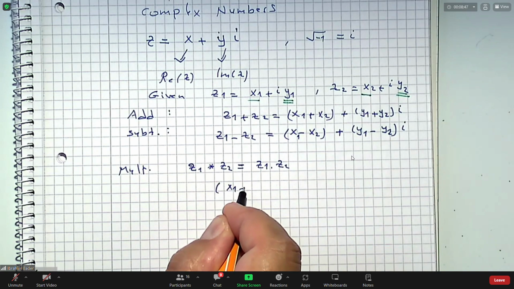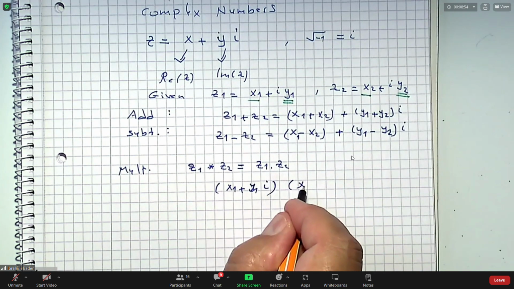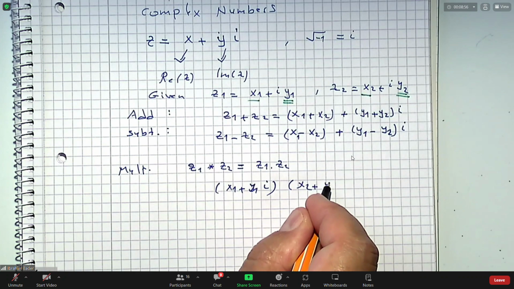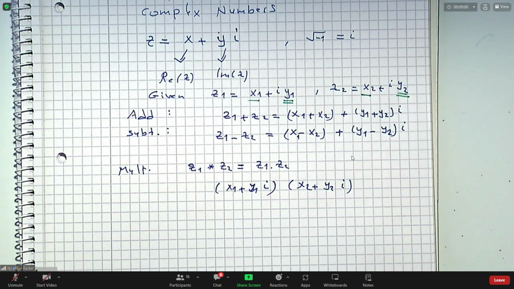So x1 plus y1 i, and here x2 plus y2 i. And wherever we talk about multiplication, we talk about polynomials. So it's just similar to multiplying two polynomials with two terms.